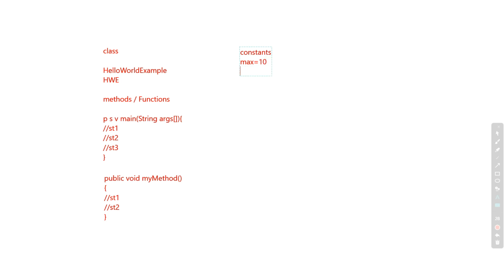For that, when you deal with constants, it is better to write everything in caps. Like this, MAX is the constant. The next thing is that when you deal with constants, a particular modifier will be static.